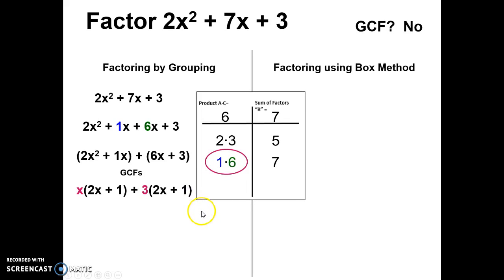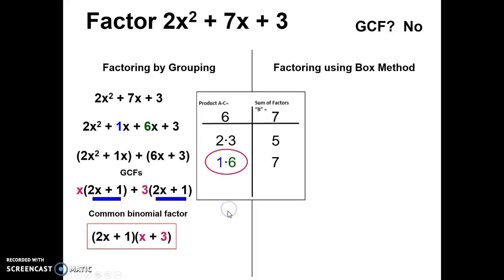And I did it. My common binomial factor is 2x plus 1. Factor that out of each term, and what goes in the other set of parentheses is the x plus 3. Since it's two binomials, double check your answer with FOIL real quick.